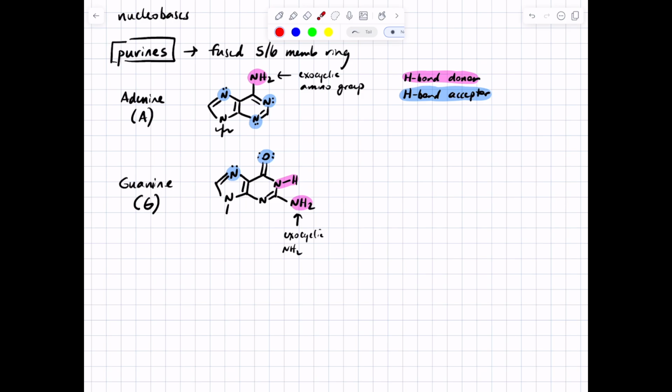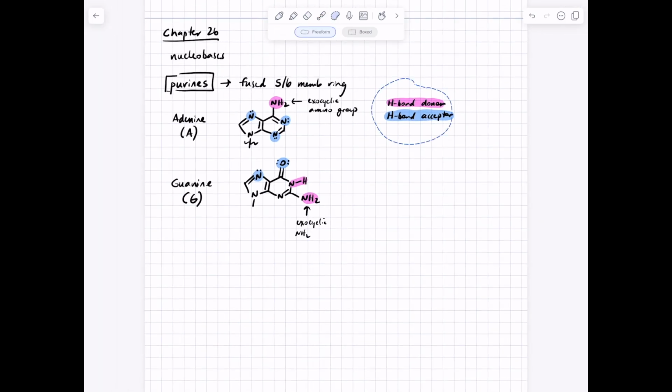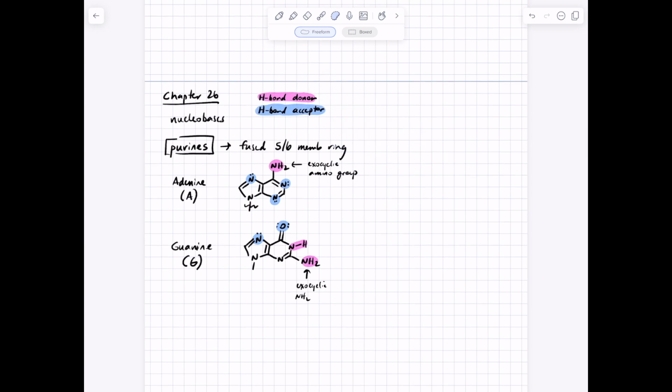And that pattern is different. Similarly, you can expect 2 hydrogen bonds in a Watson-Crick base pair involving adenine and 3 in a Watson-Crick base pair involving guanine.